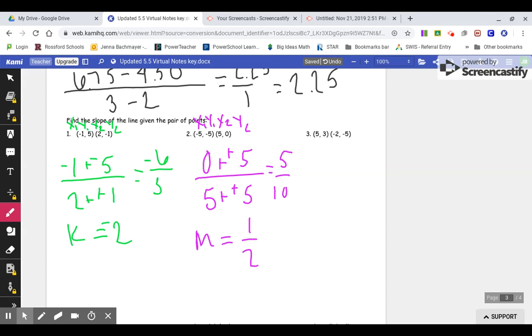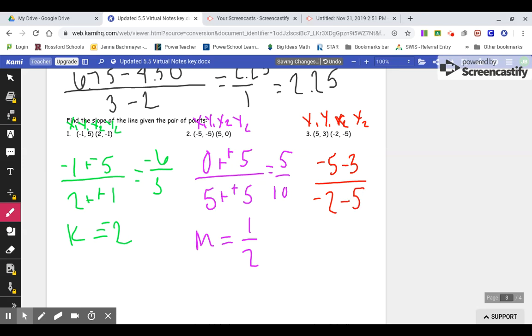Let's try one more. So for this next one, I have x1, x2, y1, y2. All right, so I'm going to do negative 5 minus 3 over negative 2 minus 5.